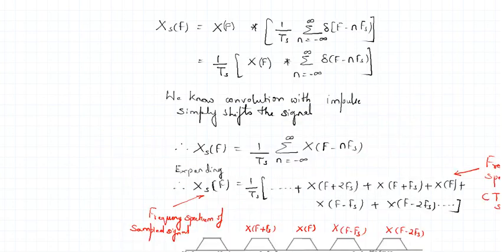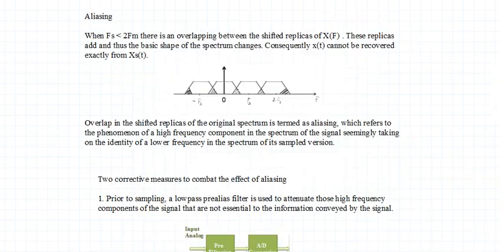Now let us look at the term aliasing, which is associated with the sampling theorem. What is aliasing? As we have seen, when we do not satisfy the sampling theorem, that is, when our Fs is less than twice Fm, this is the spectrum that we get, where we observe spectral overlap.